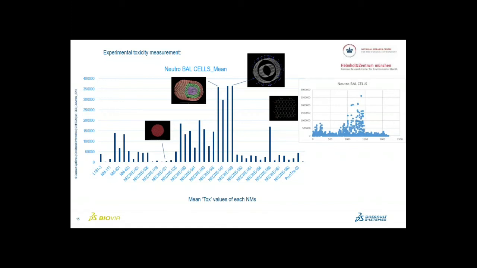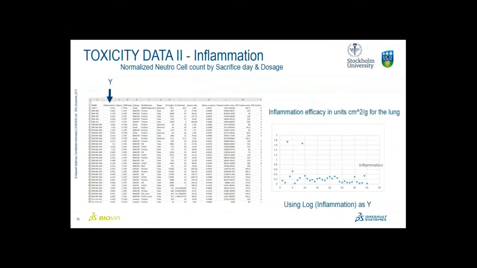So we decided to go for using a log of the data because the response was spread across a bit too much. The second set is based on the first one, and as I said, it's a normalization to the inflammation.